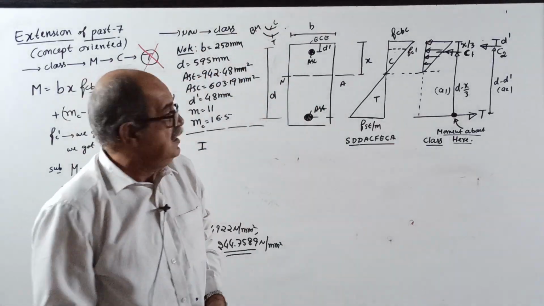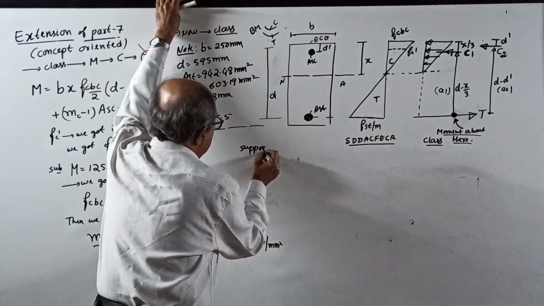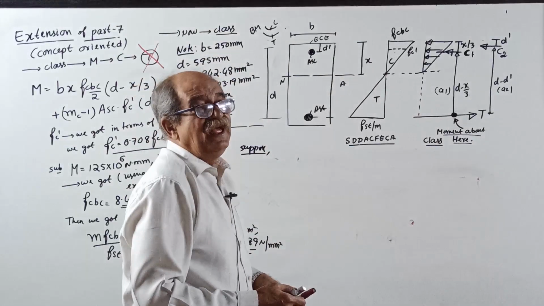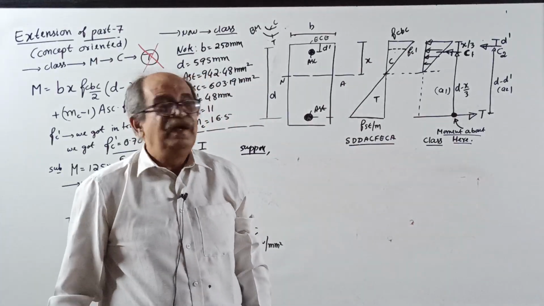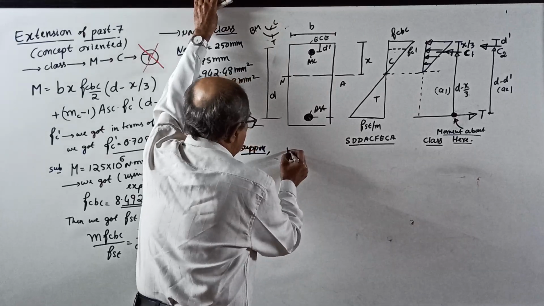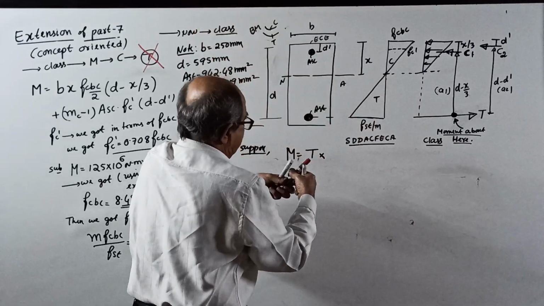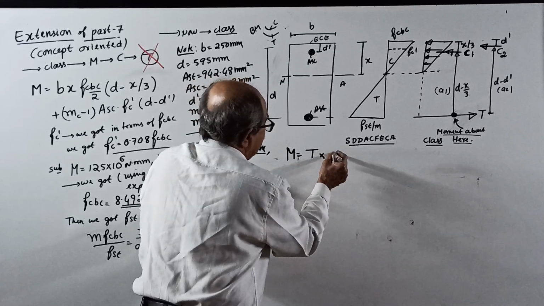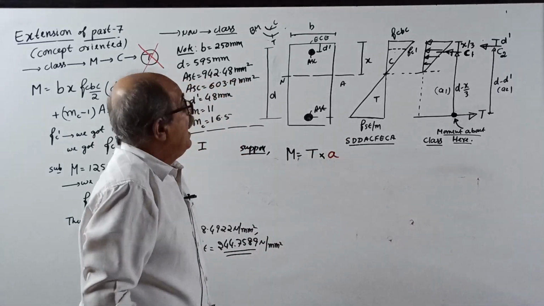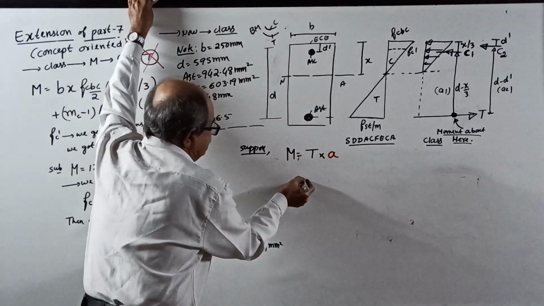Suppose somebody, for people like me, wants to write the expression for M in terms of tension. He has to write T into that red color A. I told you, red color A. What you do is consider C1.